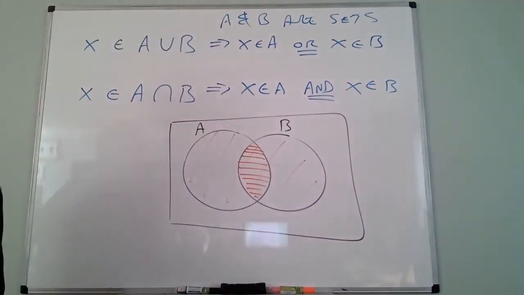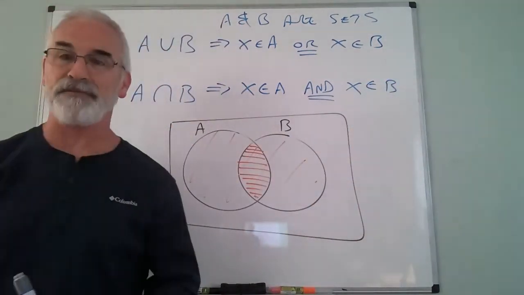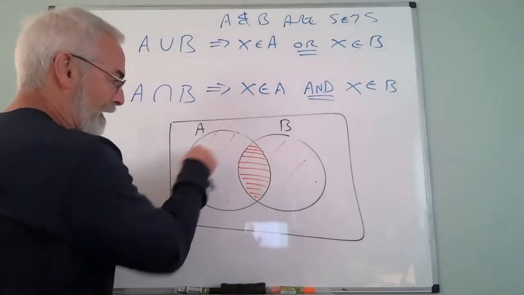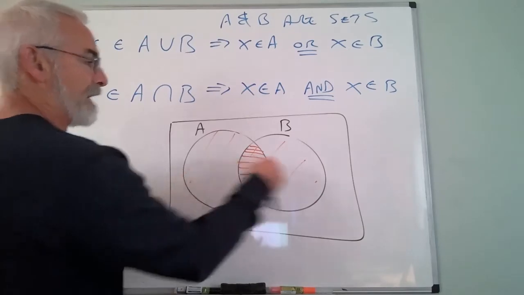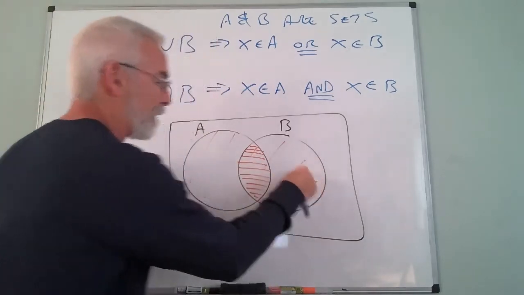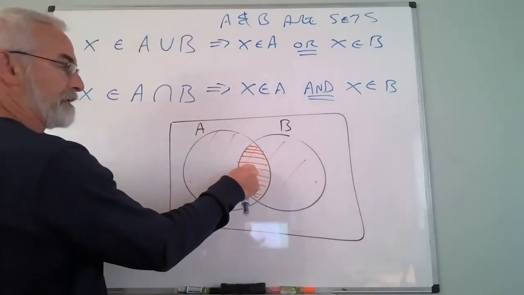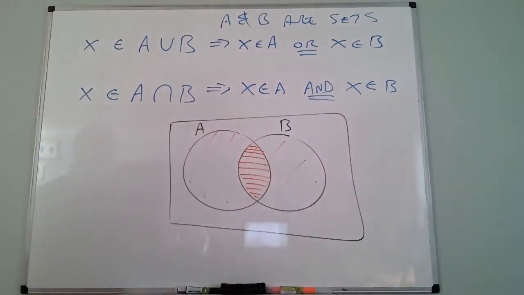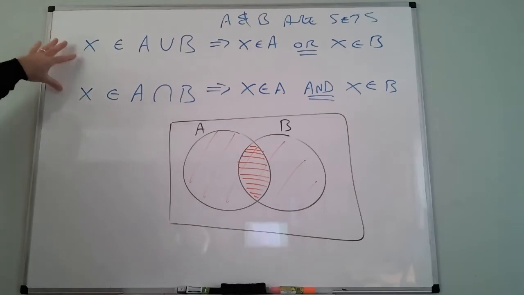And and or mathematically are not even remotely similar concepts. I can be here and I'm in the union, or here and I'm in the union, but only in here am I in the intersection. If I'm out here or out here, I'm not in the intersection because I have to be in both simultaneously. So we want to make sure we know exactly what this means.